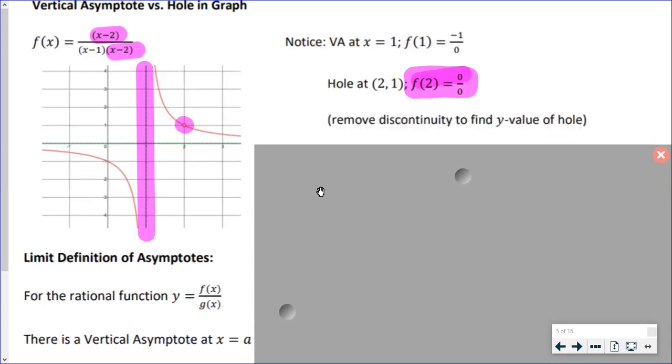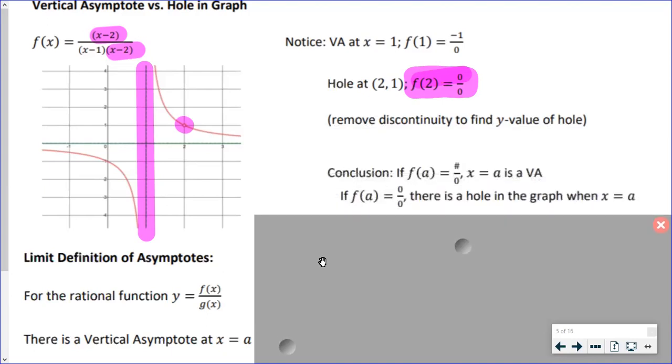So this is a removable discontinuity, and from Module 1, we learned that even though this is not a continuous function, the graph still has a limit because, approaching x is equal to 2, it approaches the same value from the left to the right.